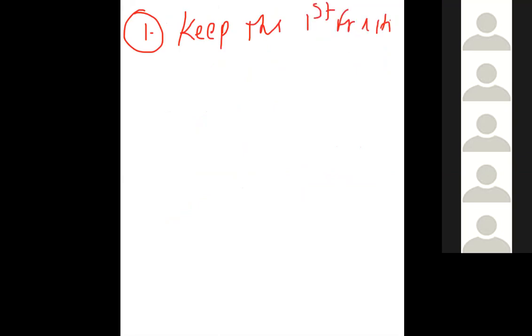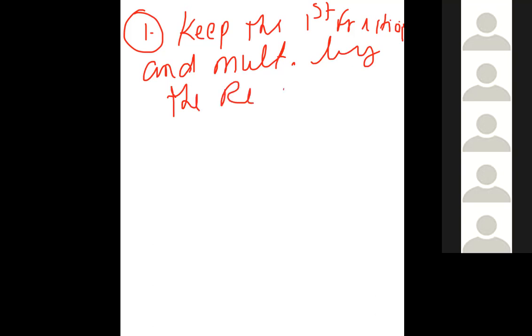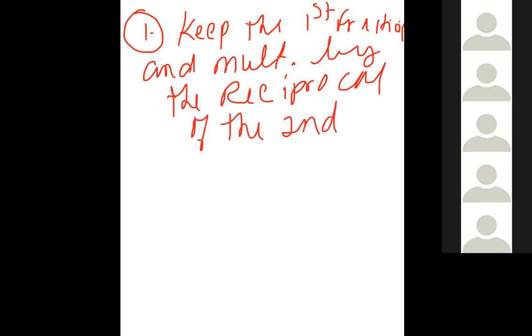So here are some steps to dividing the rational expressions, okay? So here's step 1. Step 1, you want to keep the first fraction and multiply by the reciprocal of the second fraction. In other words, flip the second fraction, guys.